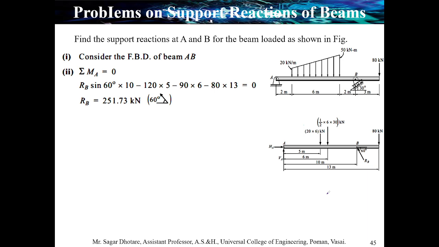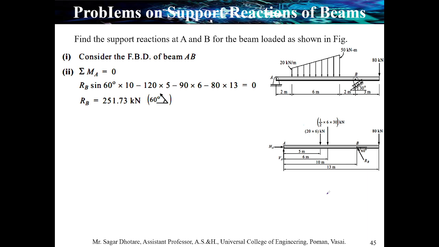And the last one remaining, the force acting at point C, which we mentioned in the previous free body diagram, again acting in a downward direction, so 80 multiplied by the distance 13 meter, and equating the summation to 0, that is nothing but moment at point A is equal to 0.